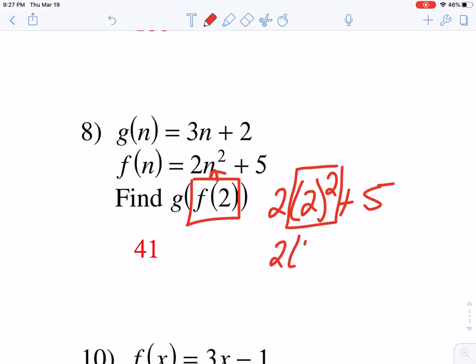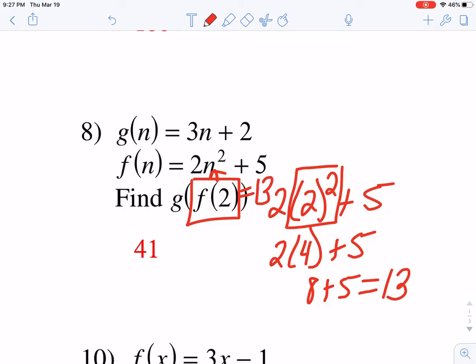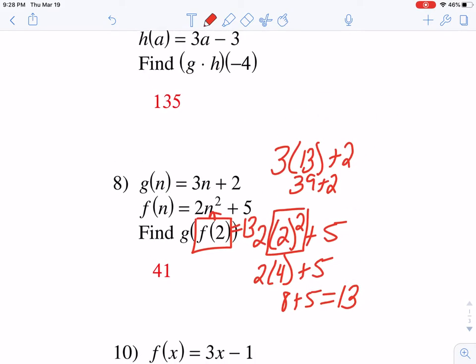So I get 2 times 4 plus 5, which is 8 plus 5, which gives me 13. So now I know f of 2 equals 13. So I'm trying to find g of 13. 3 times 13 plus 2 is 39 plus 2, and that's where my 41 comes from.